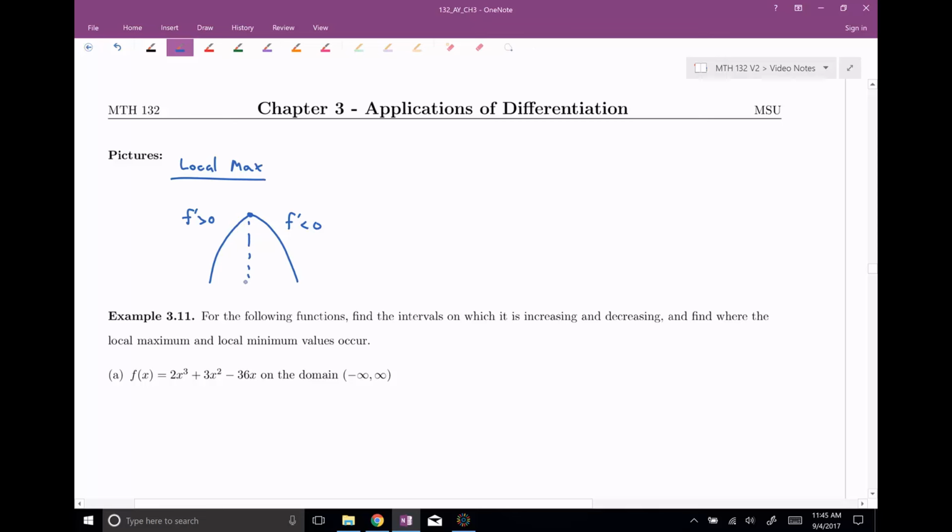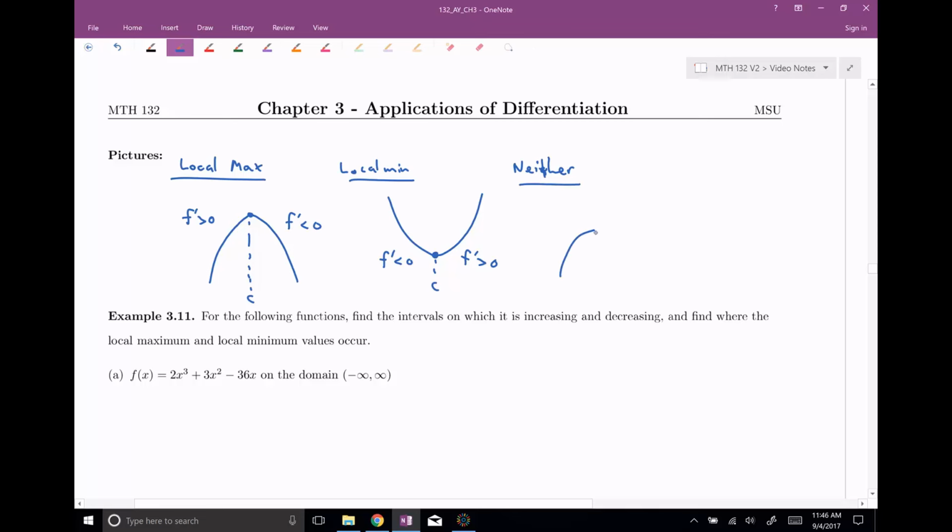That means at your value c, c is a local max. Likewise, local min, if you have the derivative is negative, then the derivative is positive. f prime is less than 0 to f prime is greater than 0. Then at the c value, you have a local min. And then in this case, neither.